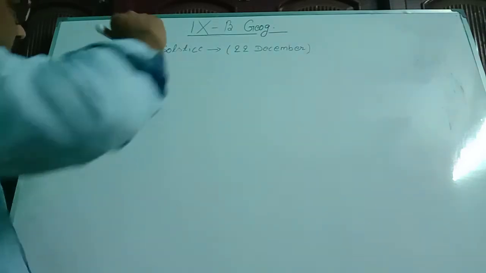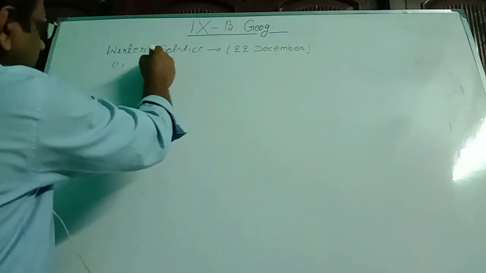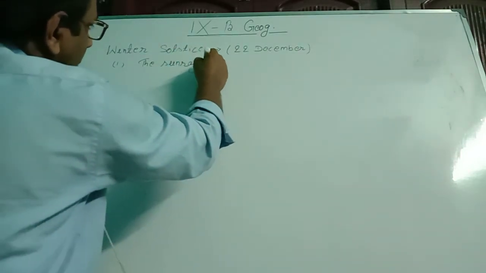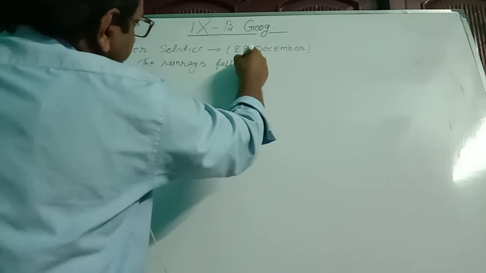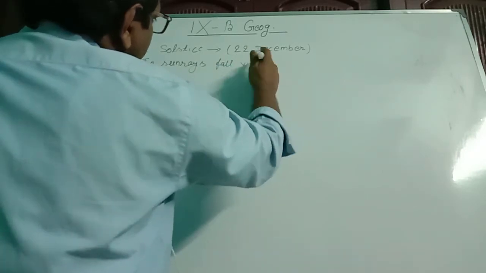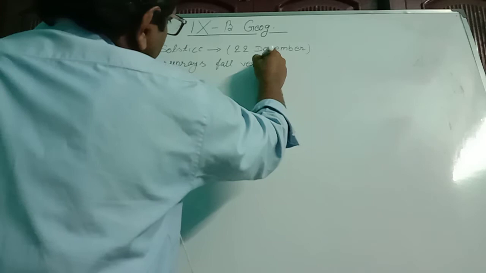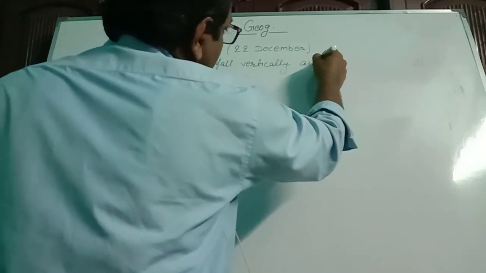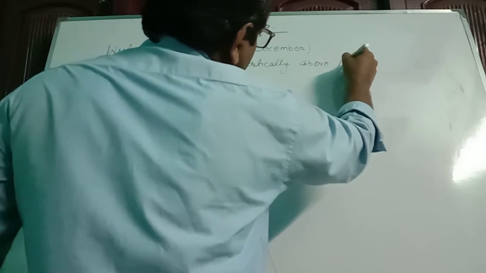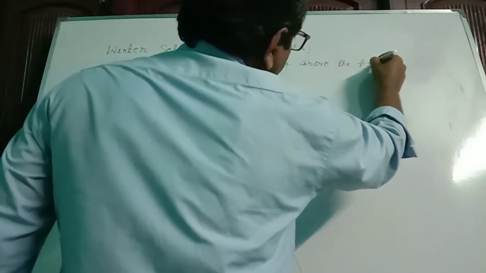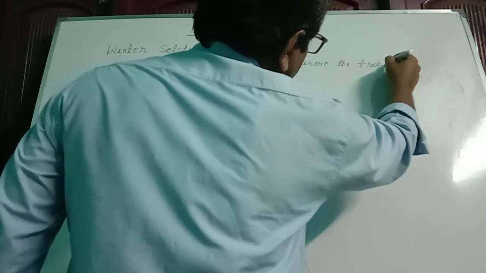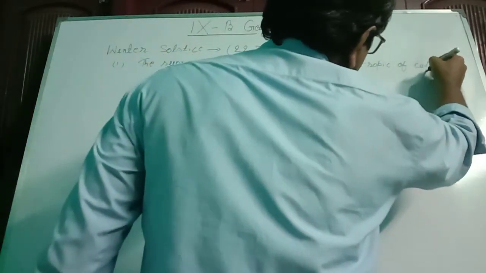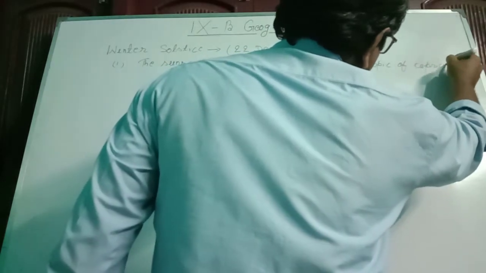The first is the sun rays fall vertically above the Tropic of Capricorn.